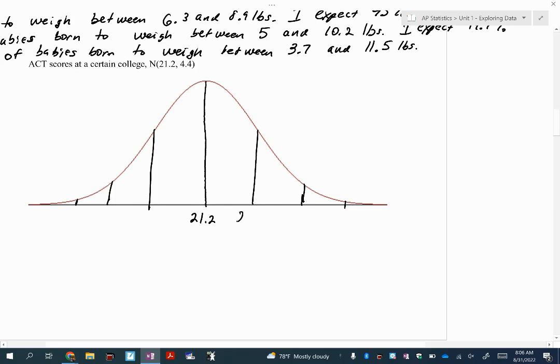There we go, 25.6, 30, and 34.4. I'll go the other way: 16.8, 12.4, and 8.